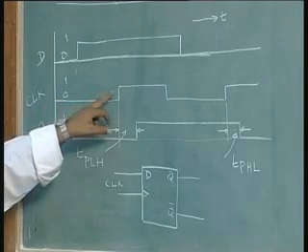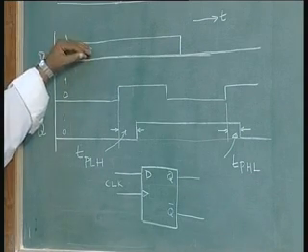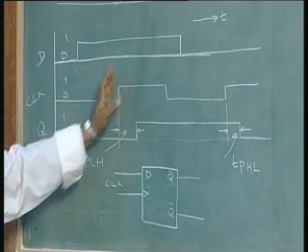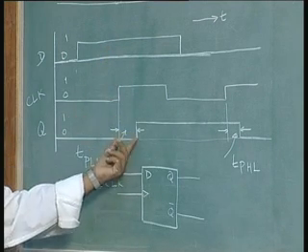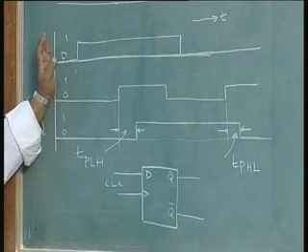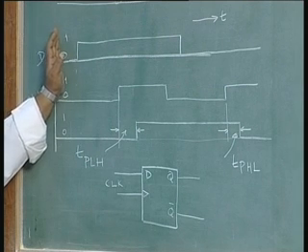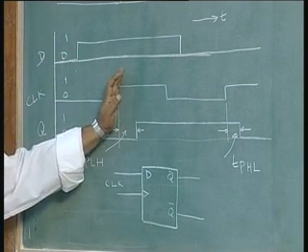When the clock transition occurs, we are already assuming in this case D was a 0 and became 1 much before the clock transition occurred. So, when the clock transition occurred, this 1 was transmitted to the output, of course with a propagation delay. What if D changes closer to the clock transition?